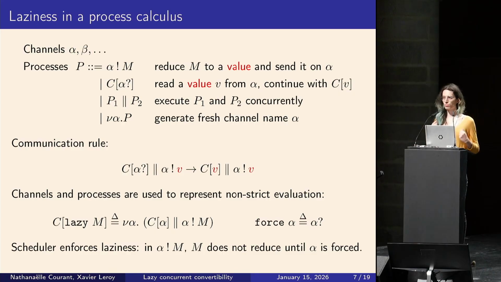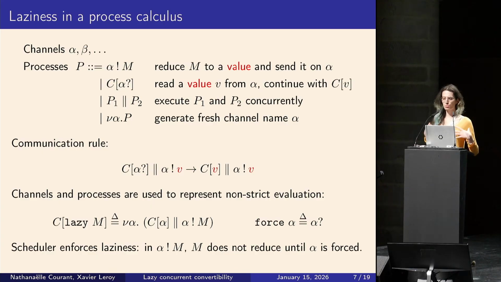We can execute processes concurrently, and we can generate fresh channel names. The most important rule is the communication rule, where if we have a process waiting on a value on alpha and another process which has finished computing a value on alpha, then the first process receives the value, and we keep the other process in case other processes ask again for a value on alpha.